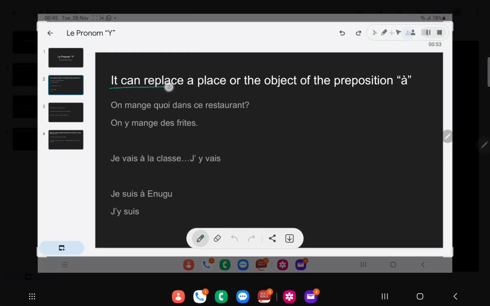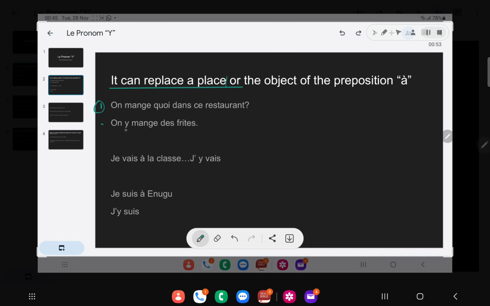So in the first part, it can replace a place. First example: On mange quoi dans ce restaurant? That is, what do we eat in this restaurant? Answer: On y mange des frites. That is, we eat fries there.